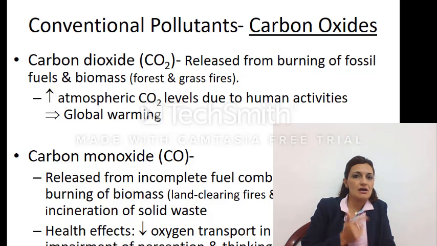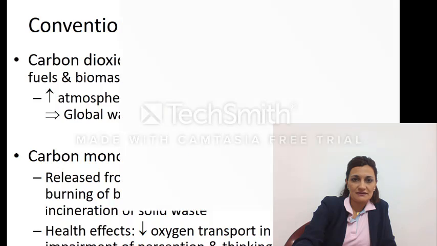Because it's odorless, colorless, it doesn't have a smell even, so it's the silent killer, and it will stick to the red blood cells, and it will lead to a gradual decrease in O2 circulation in the body, and as a result, suffocation and dizziness and coma, death. So it is fatal at high levels. Also headaches, dizziness, and even death.